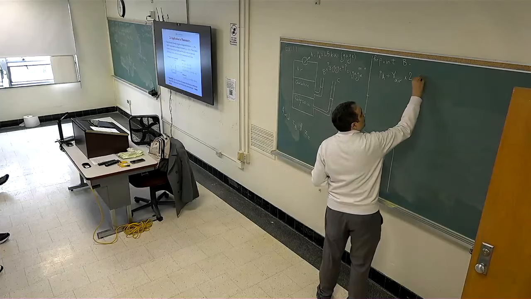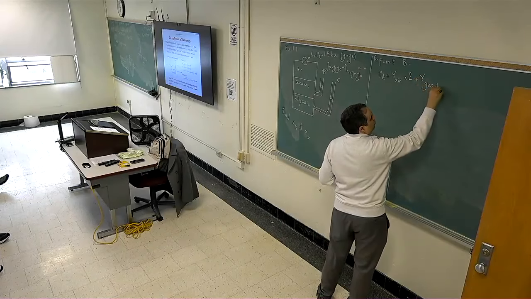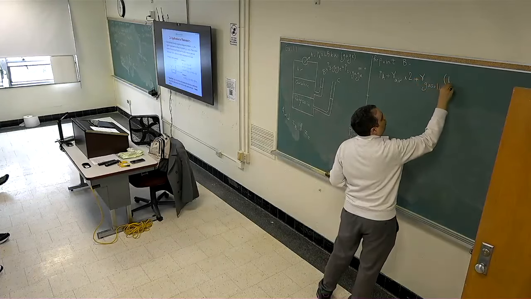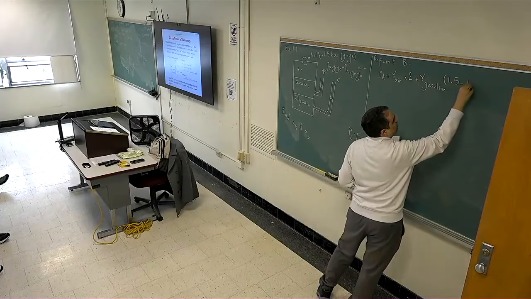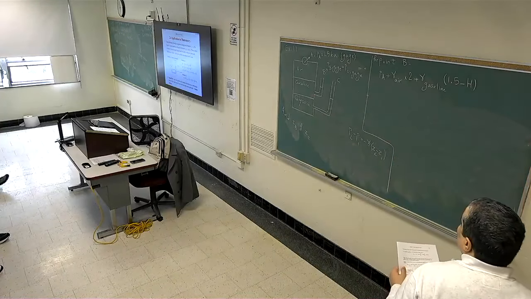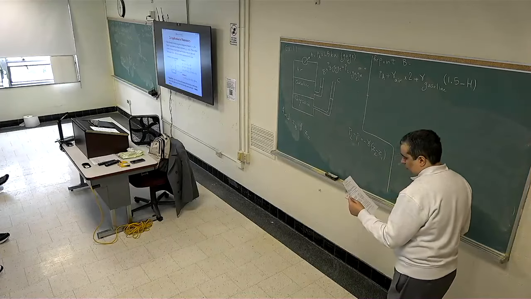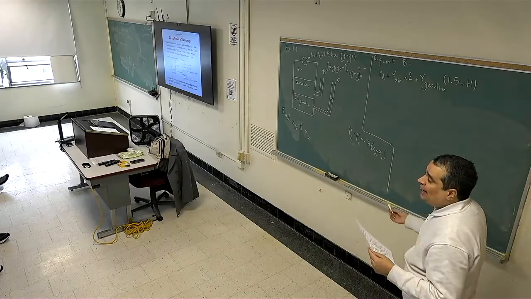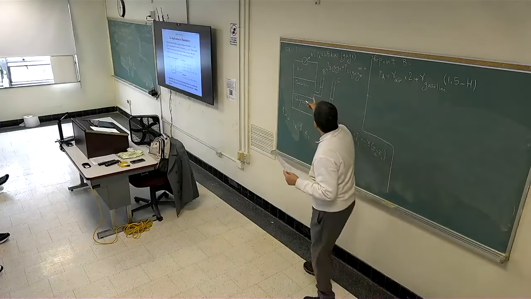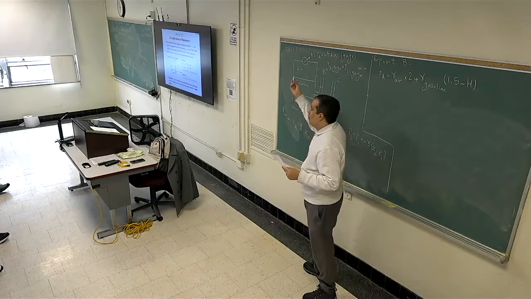Plus gamma gasoline times 1.5 minus h. Because I don't go 1.5. Then I am at this point. Then I start going up.